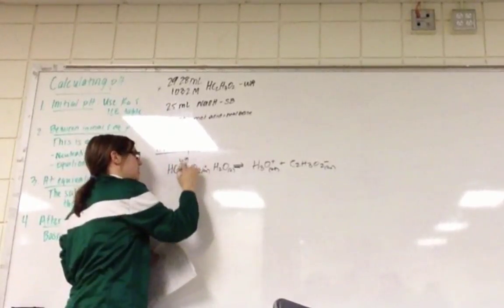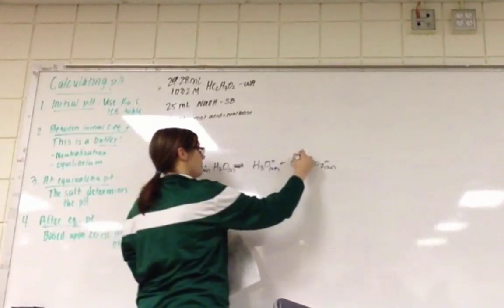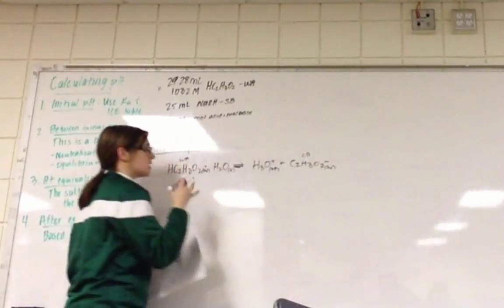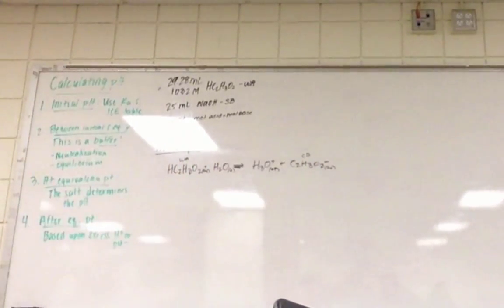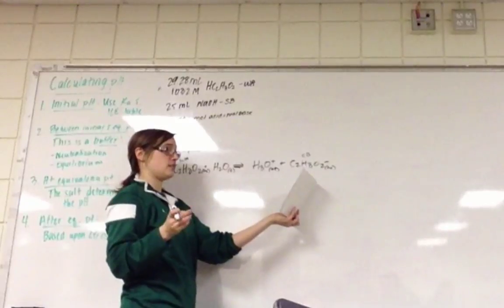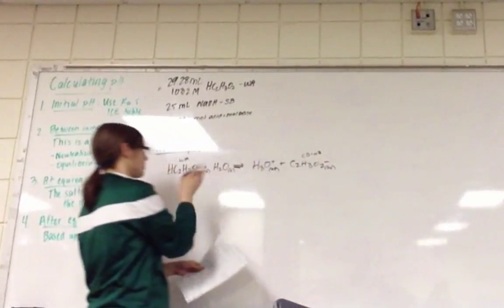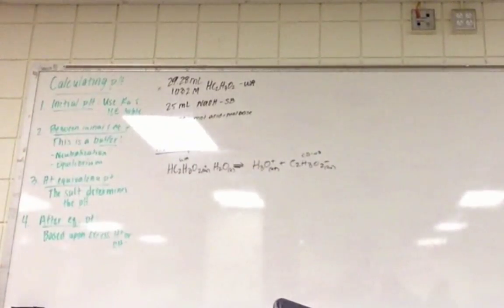This is the weak acid. What is this? Conjugate base. That's going to be the big thing. Water really doesn't. So weak acid and its conjugate base. And what kind of base is this conjugate base? Weak base, because it comes from a weak acid. So acetic acid, and then we have acetate, which is the conjugate base.